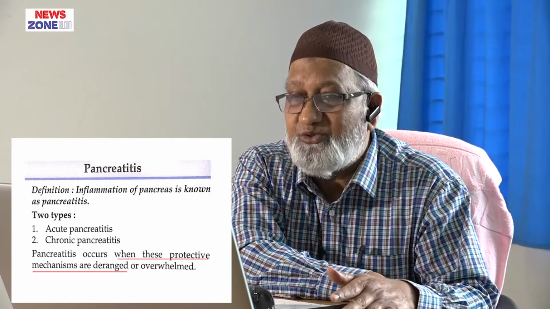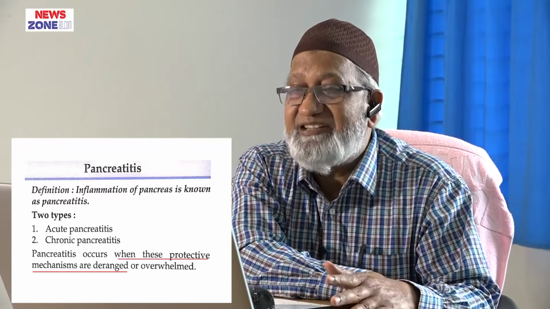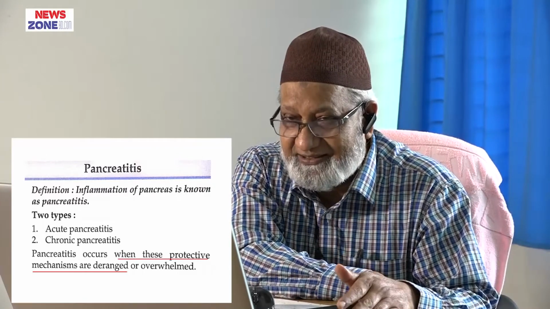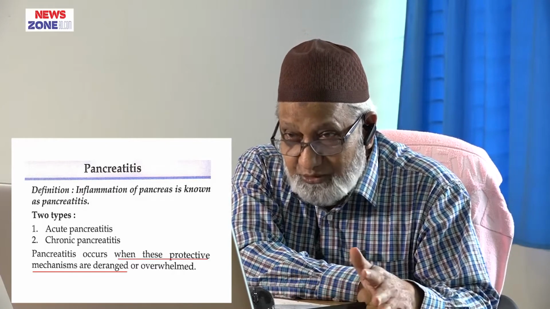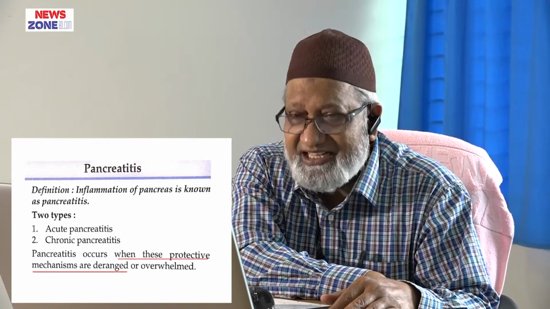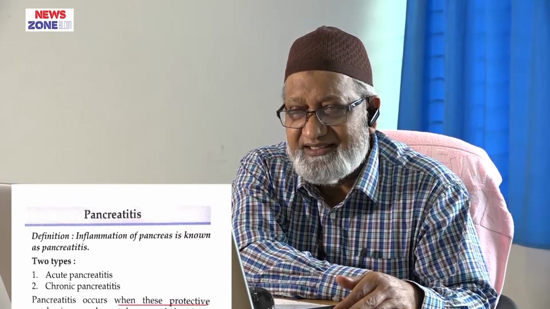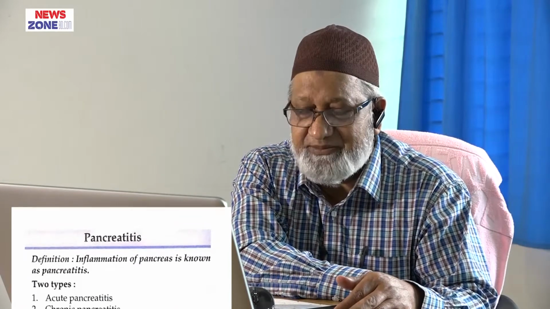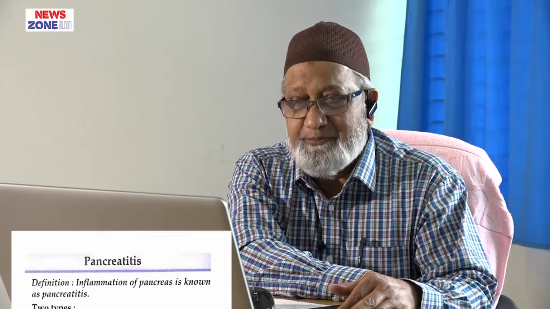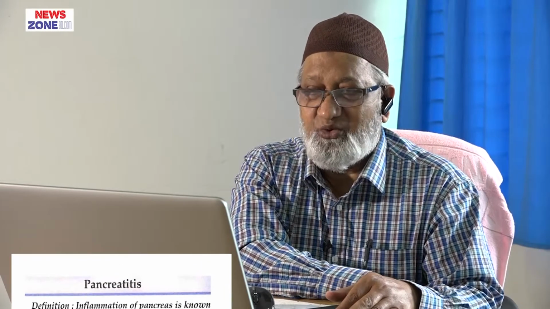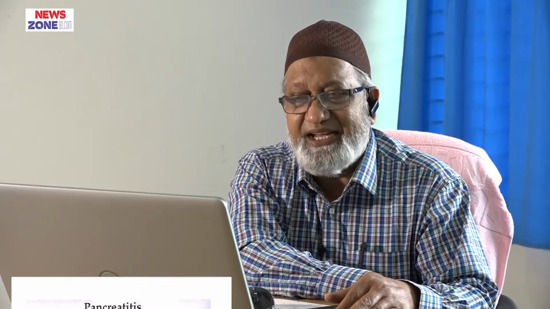Usually, if you add itis, it means inflammation of that organ. The pancreas has two types of inflammatory lesions: acute pancreatitis and chronic pancreatitis. Pancreatitis occurs when these protective mechanisms are deranged.